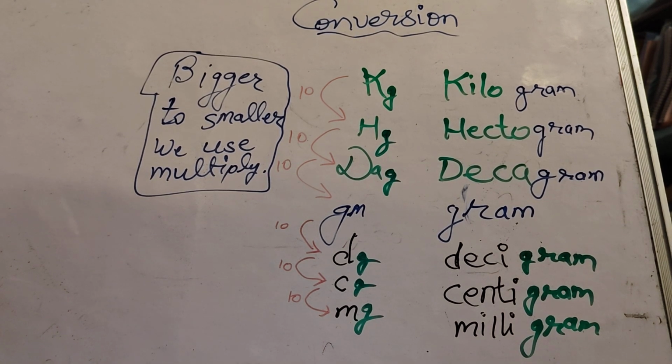Kilogram is the largest, milligram is the smallest, and between them you just have to multiply, and between each of them it is 10, 10, 10, 10.